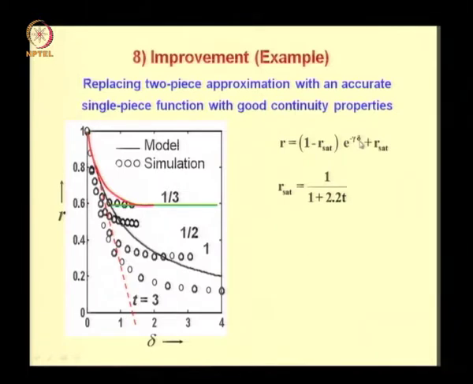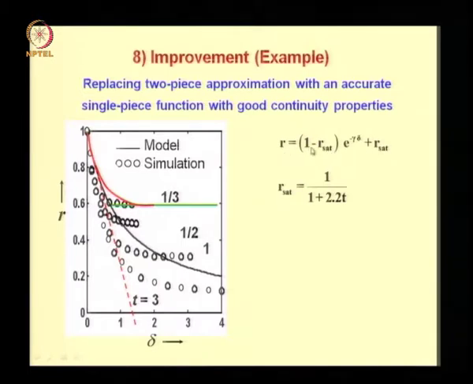Note that as delta tends to infinity this quantity goes to 0 and r becomes r sat. So that is how you get this constant segment. On the other hand, for delta equal to 0 this quantity becomes unity, the r sat cancels and you get r equal to 1. That is how you get this value. The r sat value is given by 1 by 1 plus 2.2 t, so that you can capture the saturation resistance values for different values of t.